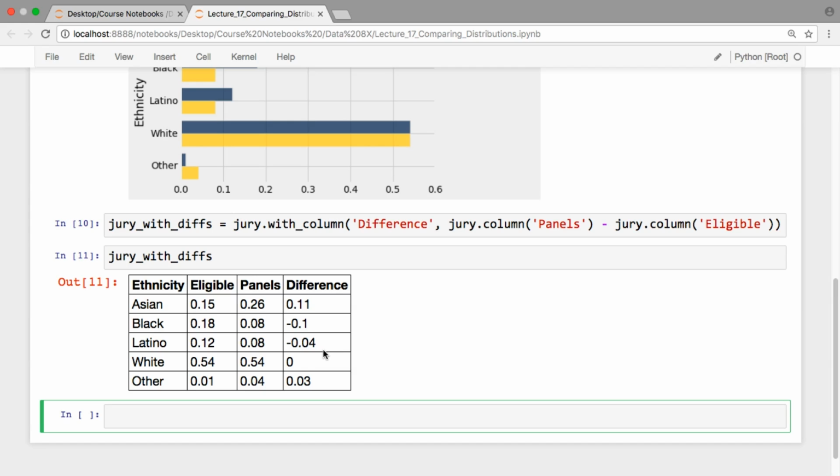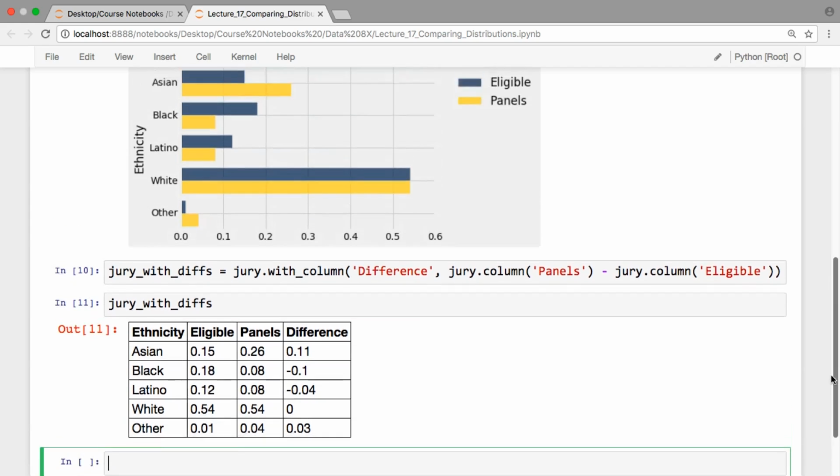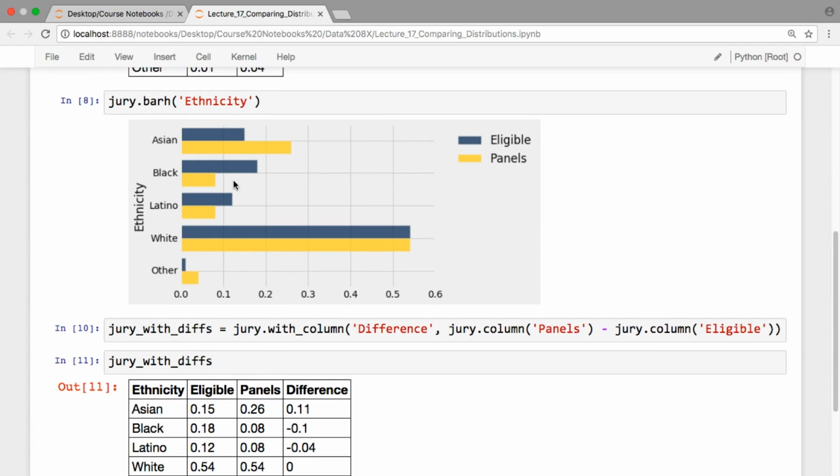That is a reflection of the fact that these two bar charts both represent distributions. So it's the same 100% represented in two distributions. And so the amount by which the blue bars exceed the gold must be exactly the same as the amount by which the gold bars exceed the blue.